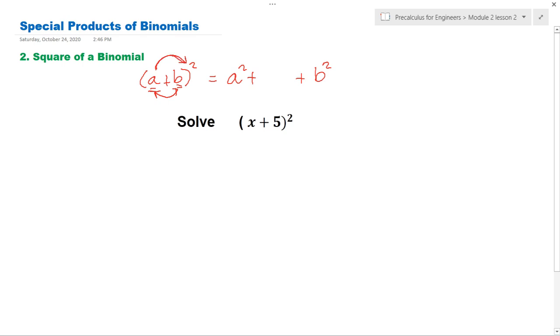This can only be applied, guys, to square or exponent equal to 2. So, let's proceed. So, ab, then times 2. So, therefore, this is a squared plus 2ab plus b squared.